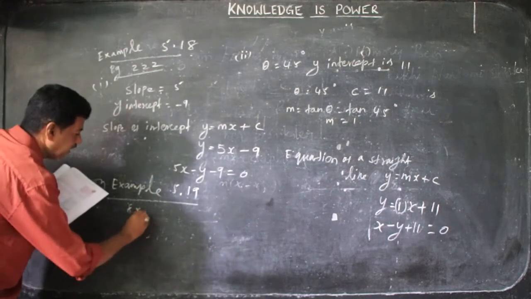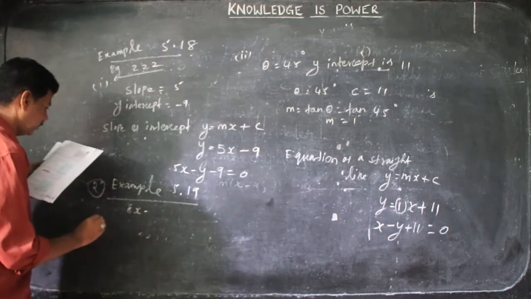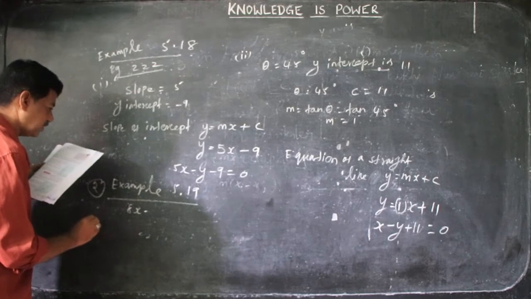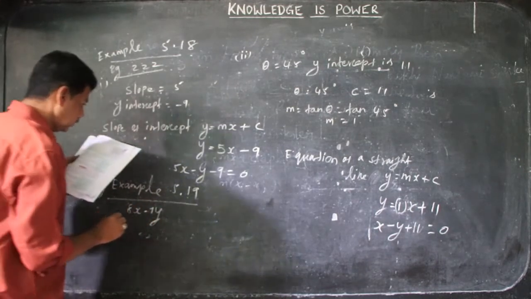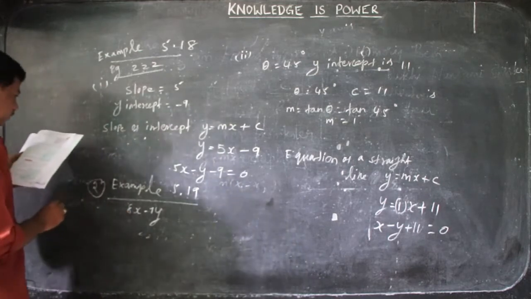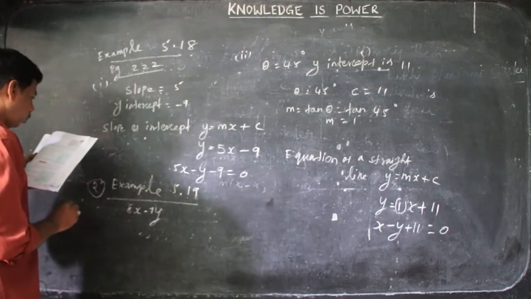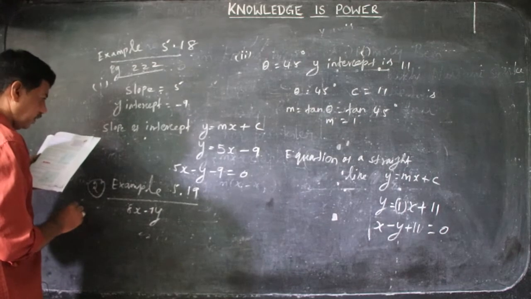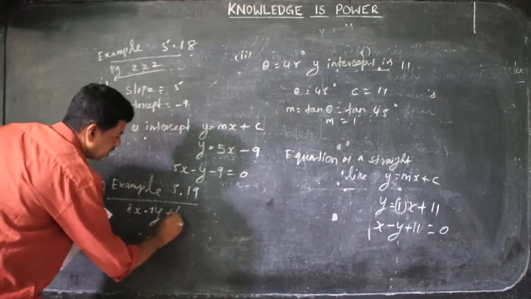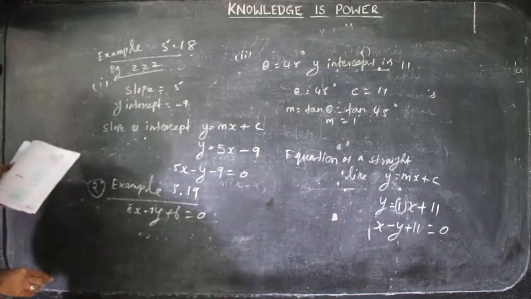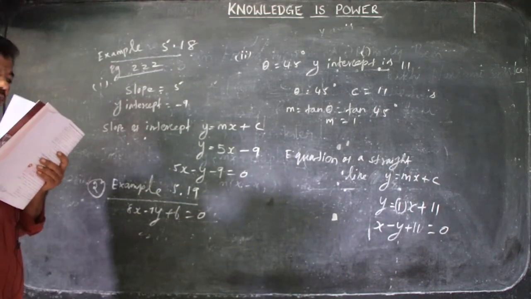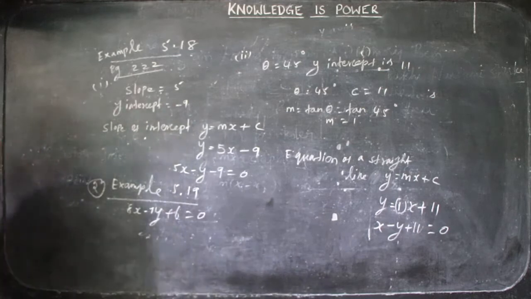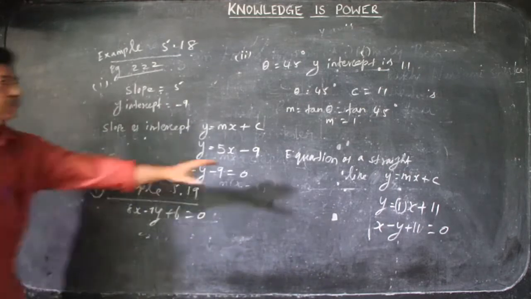The equation is given: 8x minus 7y plus 6 equals 0. Calculate the slope and y intercept of the given equation. So this is another concept. You have to reverse.